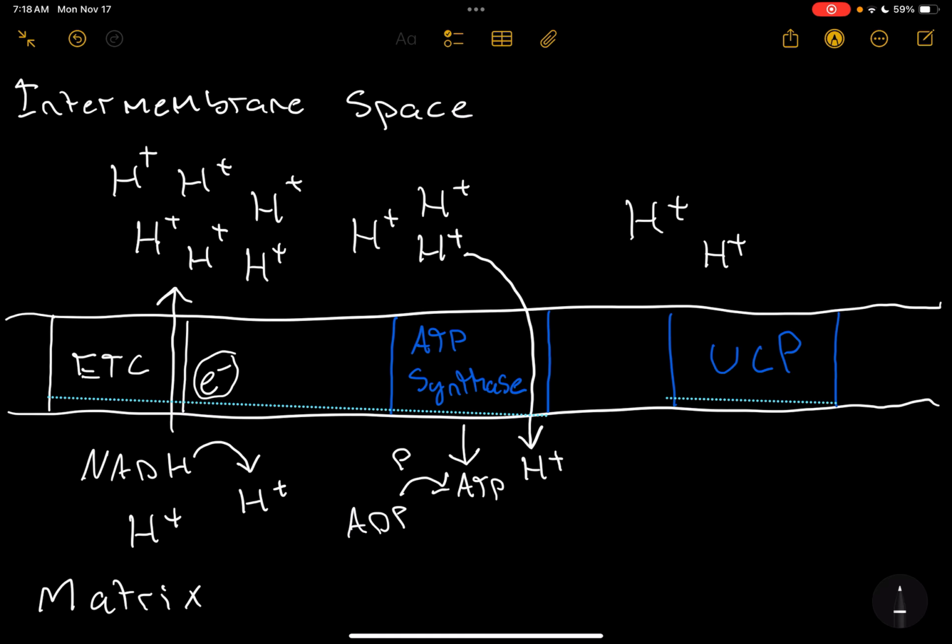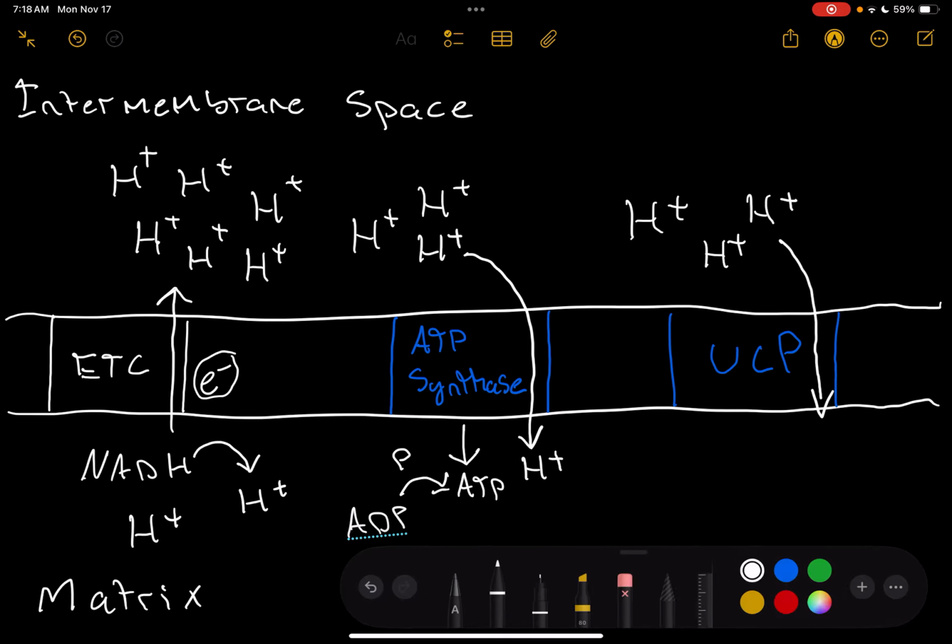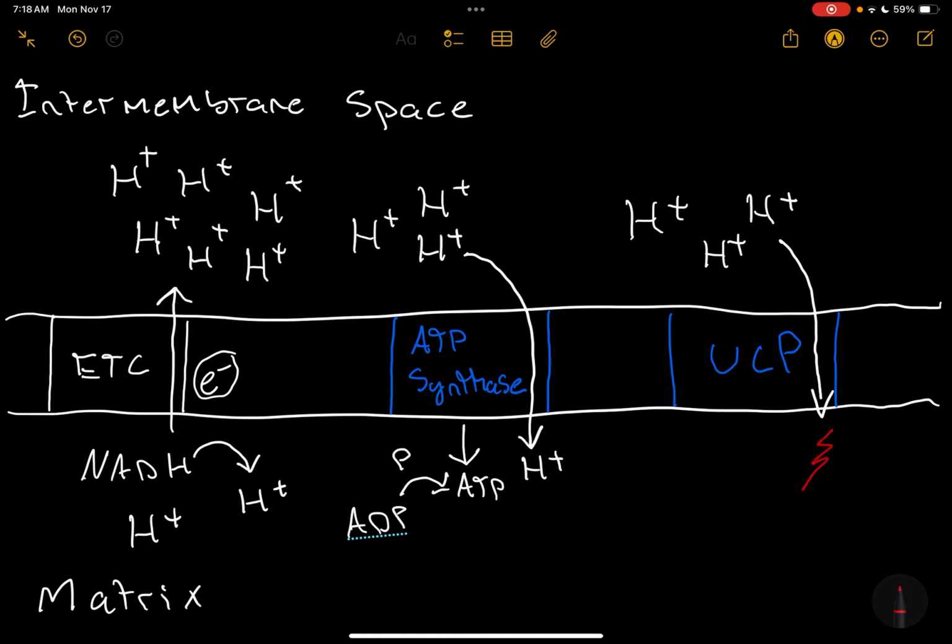They can continue to go through ATP synthase, but they can also go through this uncoupling protein instead. And instead of creating ATP, that creates heat in the form of thermal energy. That heat warms the body and brings the balance back, so that it warms up.